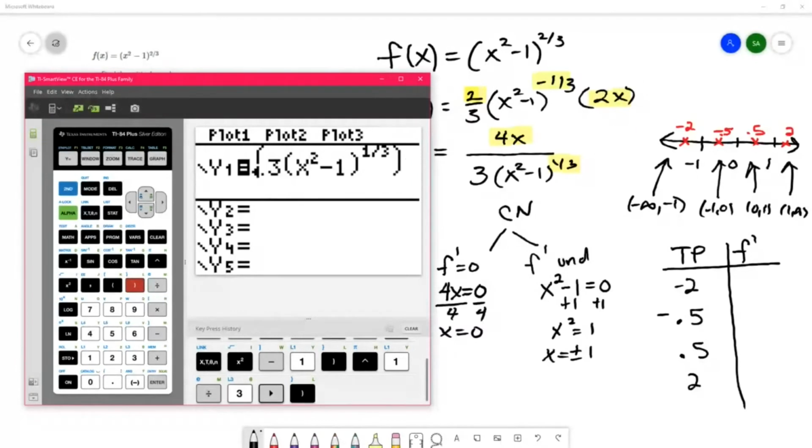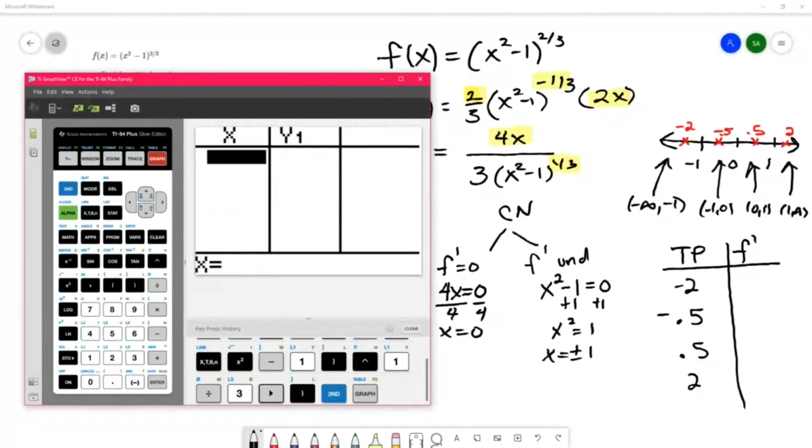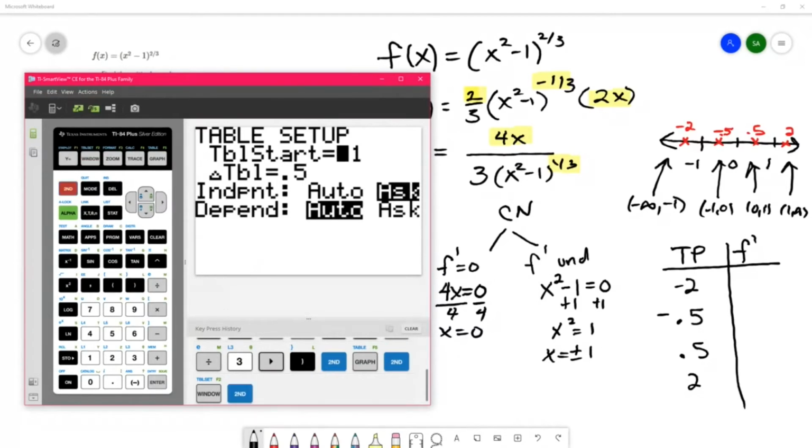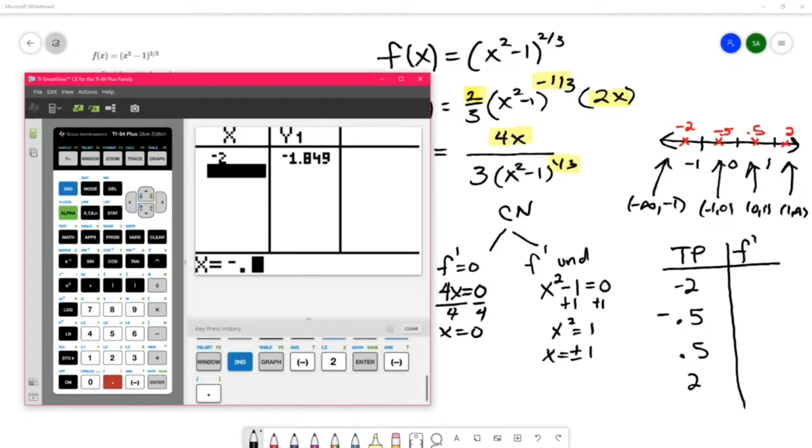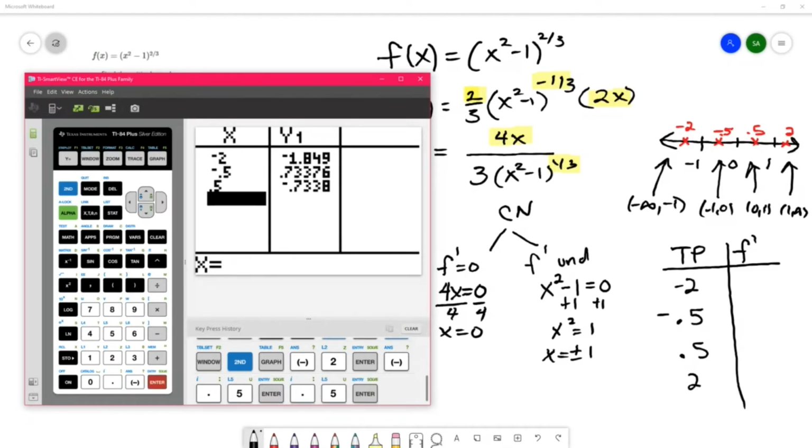And I'm going to use the table feature. I believe I'm in ask mode. So I'm in ask mode, and I'm going to select my test point values as the x values: negative 2, negative 0.5, 0.5, and 2.